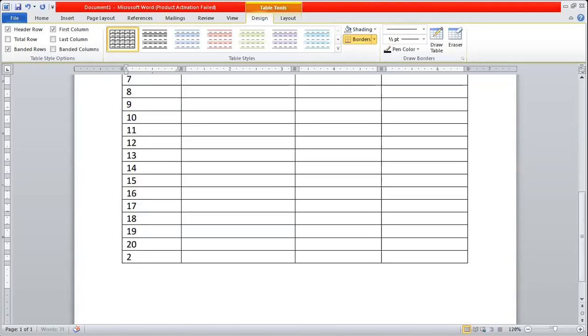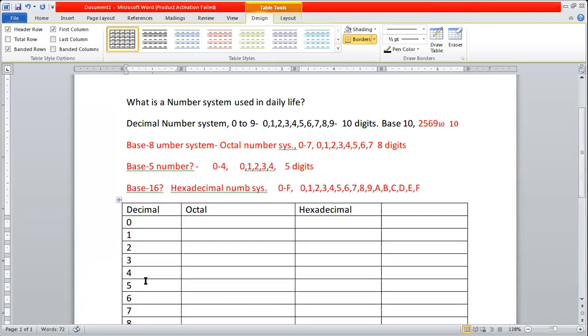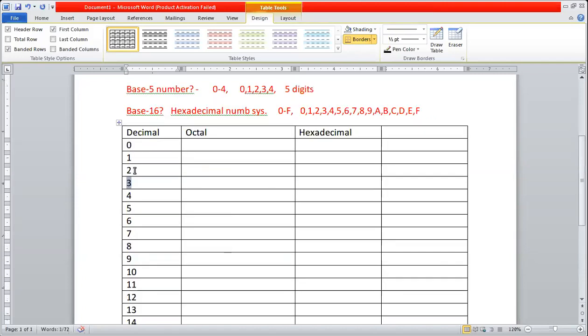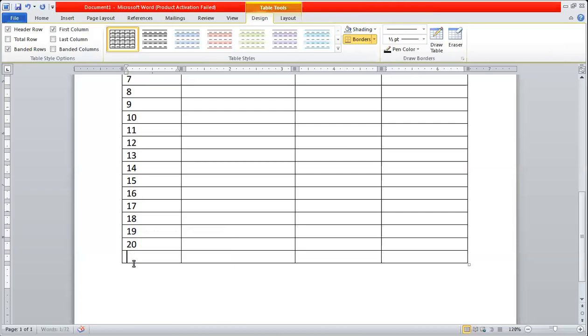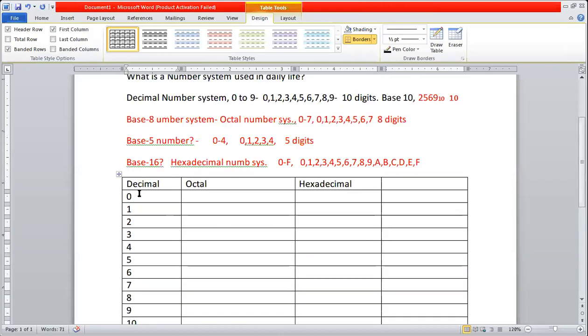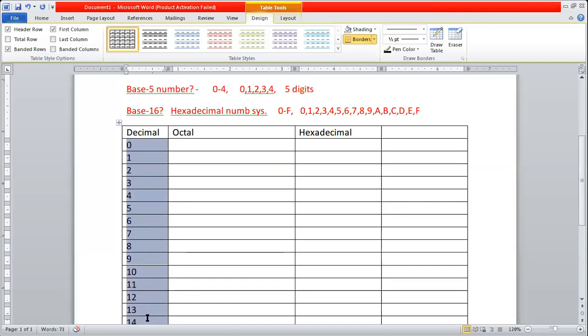So the last number will be 29. After 29, again we are taking 3 and combining with 0 to 9. So that will be 39. 30 to 39. Okay, so that is how the decimal number system is carried out. Understood?